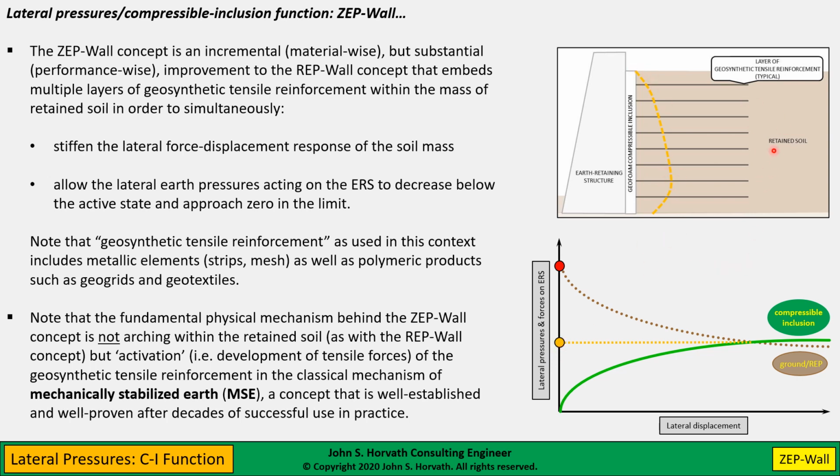Well, if we now include the tensile reinforcement, as I said here, we're stiffening the force displacement response of the reinforced soil mass. And we know that in the limit, if we went to enough lateral displacement, the earth force would go to zero. I mean, that's what happens with a mechanically stabilized earth wall. There's no load on the outside of the wall, no lateral load.